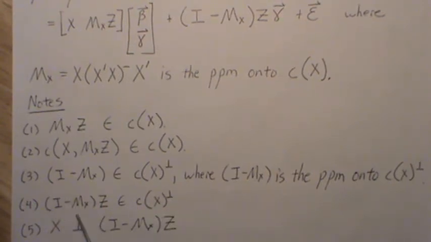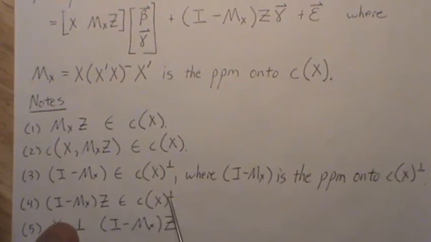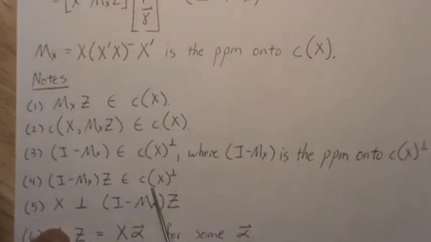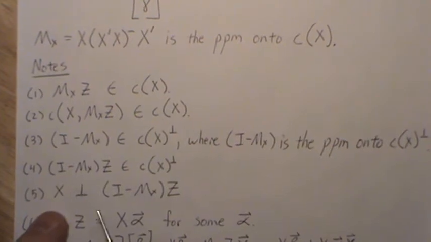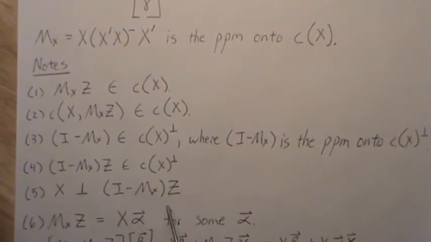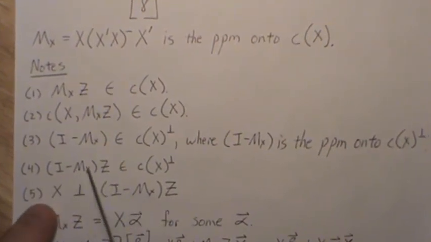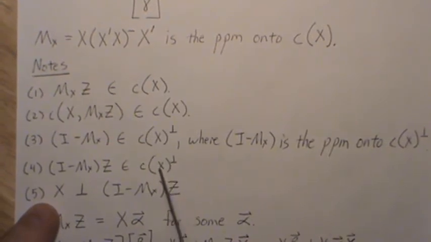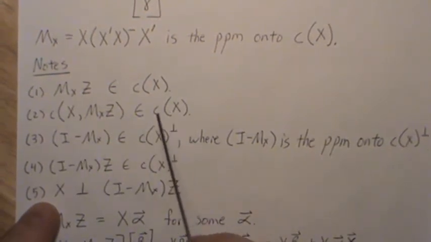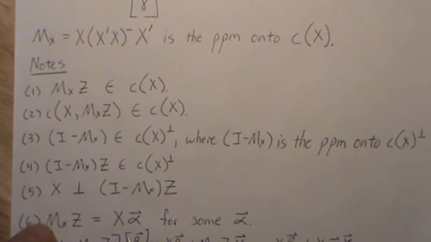This is a perpendicular projection, takes any vector and shoves it down into this column space, which happens to be the column space orthogonal to X. So that tells us that X and I minus MXZ are orthogonal, right? This is in the orthogonal complement space, and of course, this column space is X.